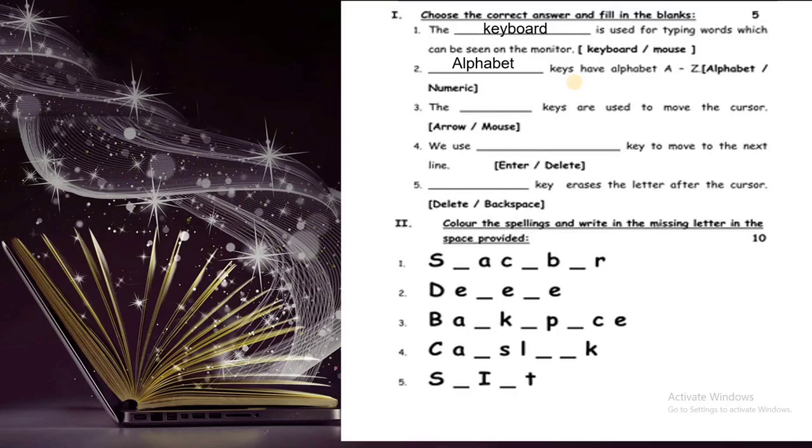The dash keys are used to move the cursor. Now think about the options arrow and mouse, which is used to move the cursor. I am saying move the cursor. So which is related to cursor moving?